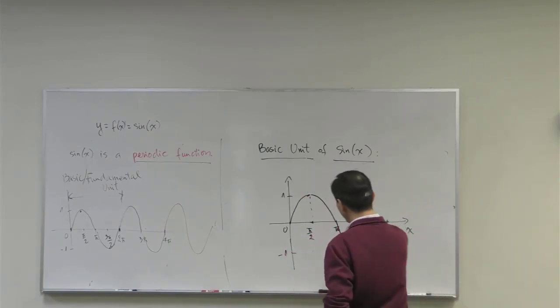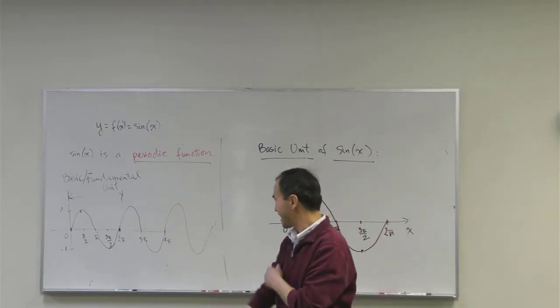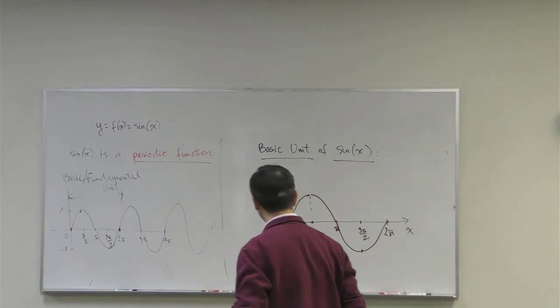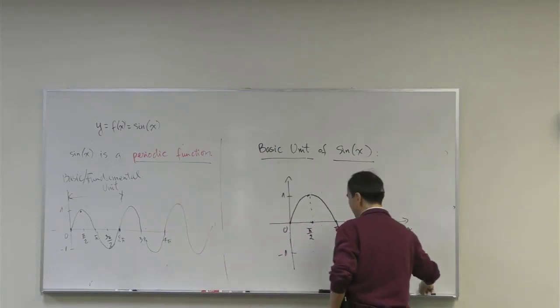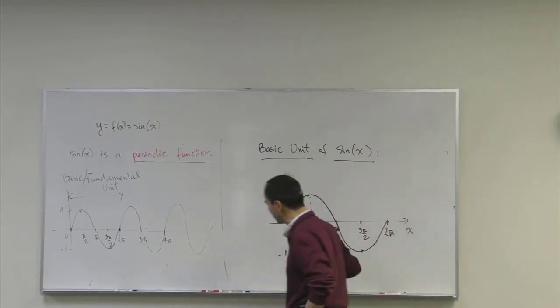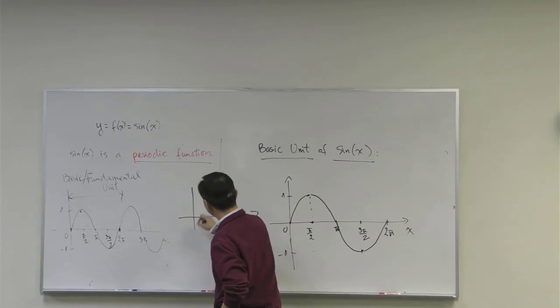So think about this when you get out of class today and for the rest of the time: when you hear sine of x, close your eyes and imagine. I don't even have to put the scales on. No matter how small or how large you put your scale, halfway, quarters: first quarter, it hits a high.